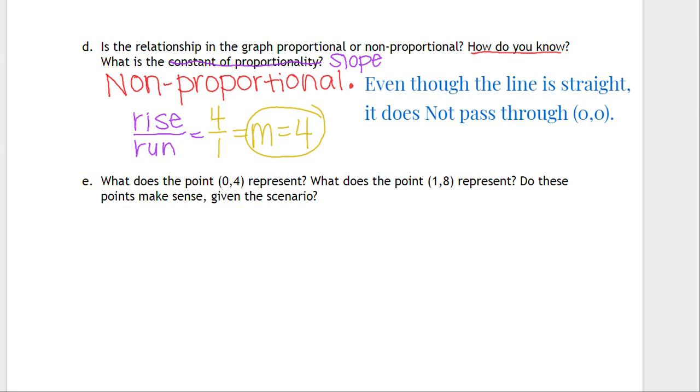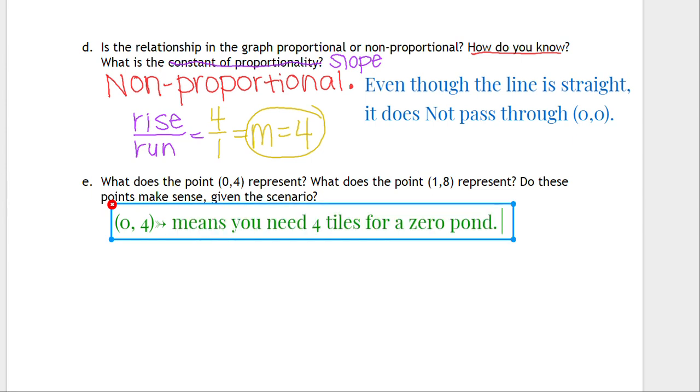So the point 0, 4 means that you need 4 tiles for a pond that doesn't exist, which doesn't make sense because if you don't have a pond, you're not going to be needing any tiles at all. So let's put that into words. So for 0, 4, this means you need 4 tiles for a 0 by 0 pond.